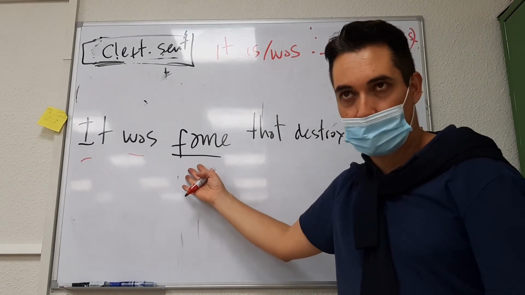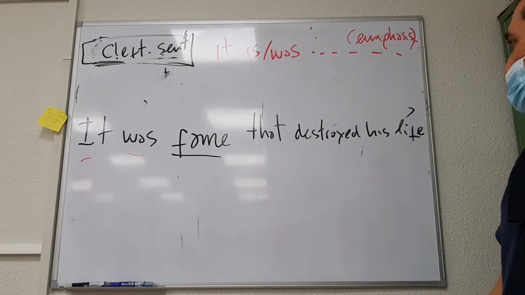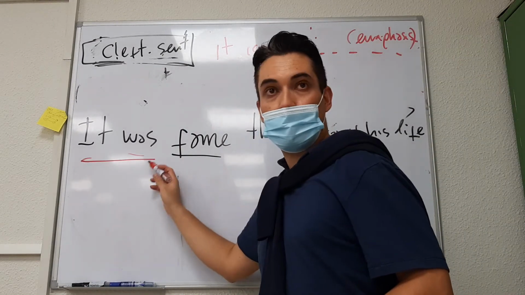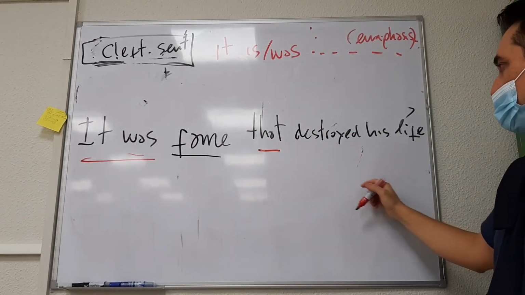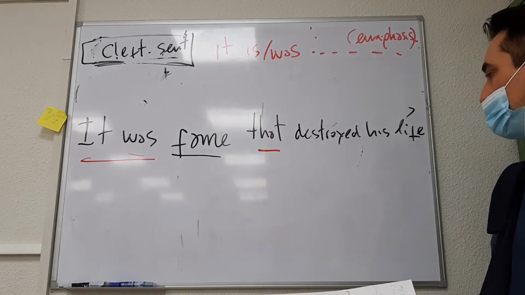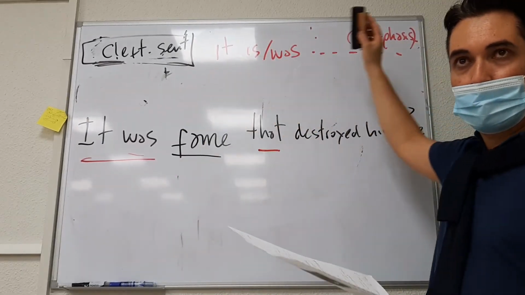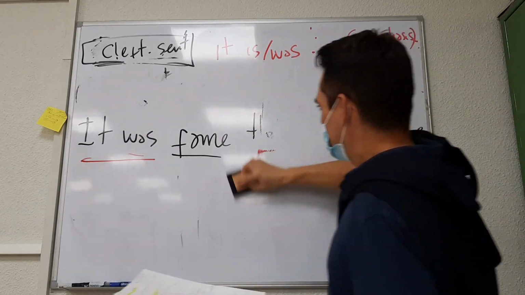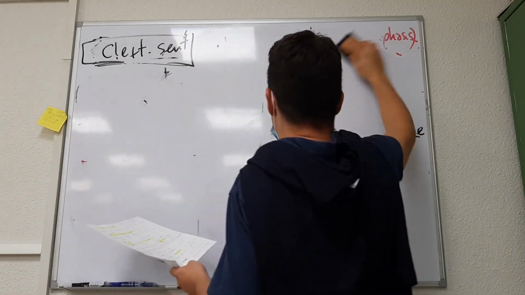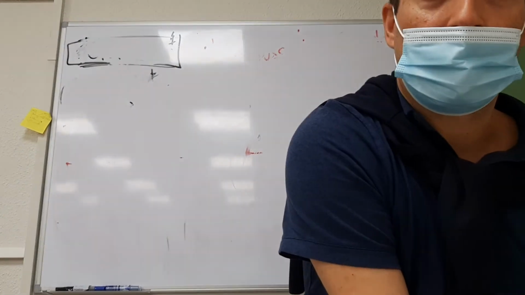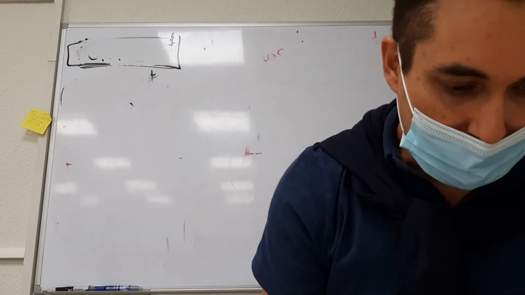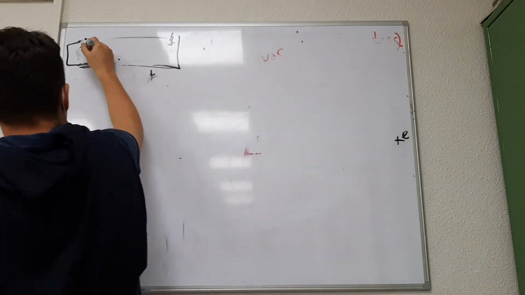What is the purpose of this? Emphasis. As you can see here, it was, no inversion. After that, no inversion. That destroyed his life. May I? Such an explanation today. Okay, the last part. I promise this is the last part. I really promise. The last part is called fronting.